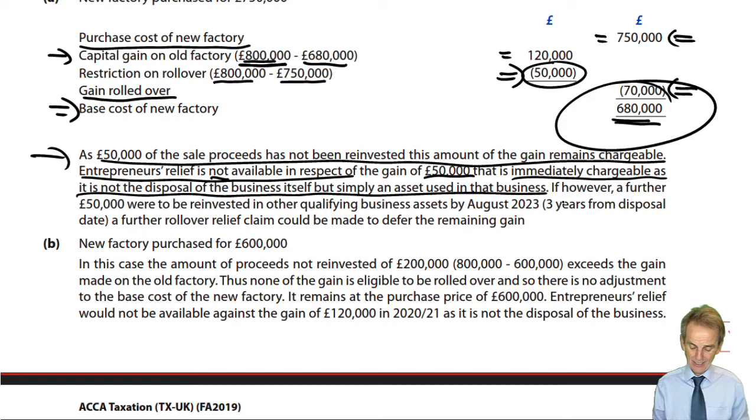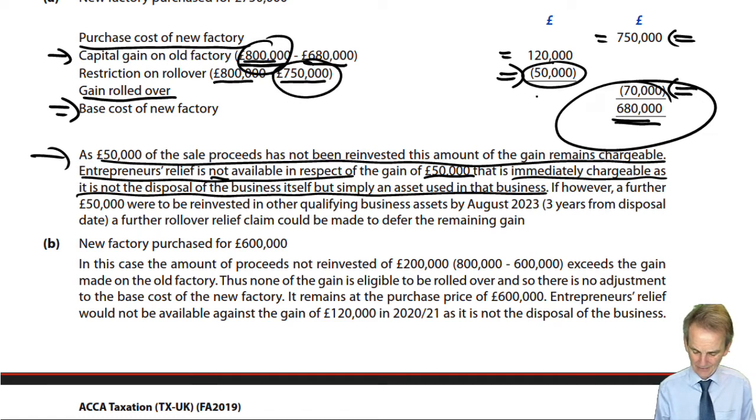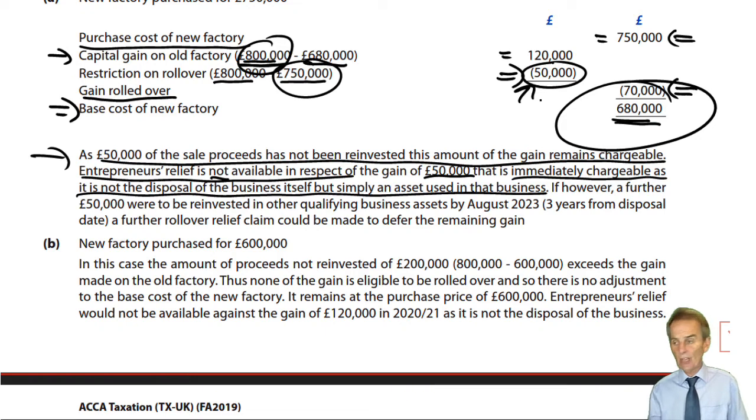So what it means is, if as here, you had sold for 800,000, but you bought for 750, then that 50,000 remained chargeable. But what could happen if within 3 years of the disposal date, remember the 4-year window runs 3 years after the disposal date, that if within that 3-year period we were to reinvest another £50,000 or more in any other qualifying business asset, we went out and bought a further property for more than £50,000?